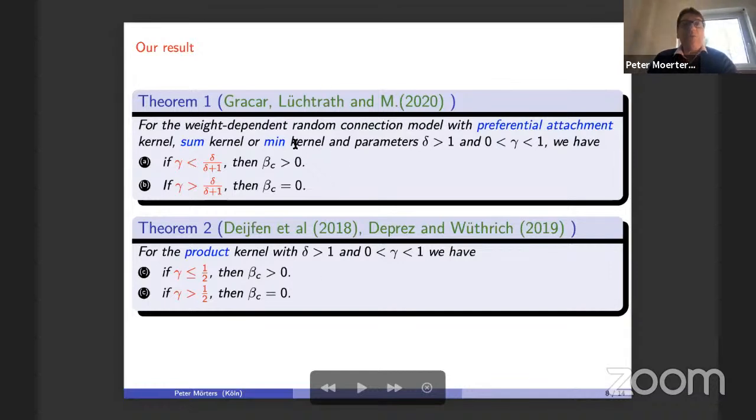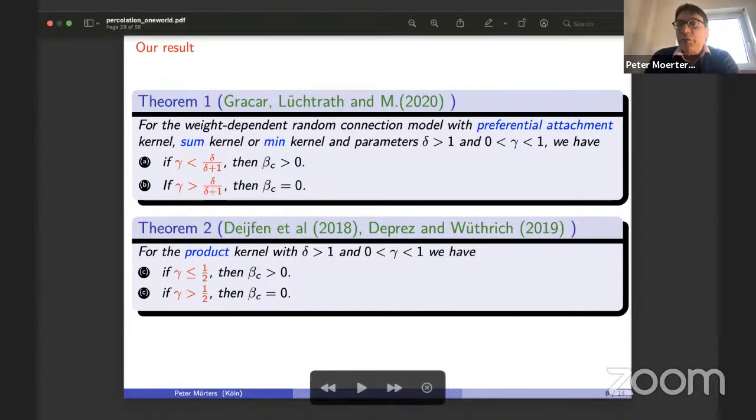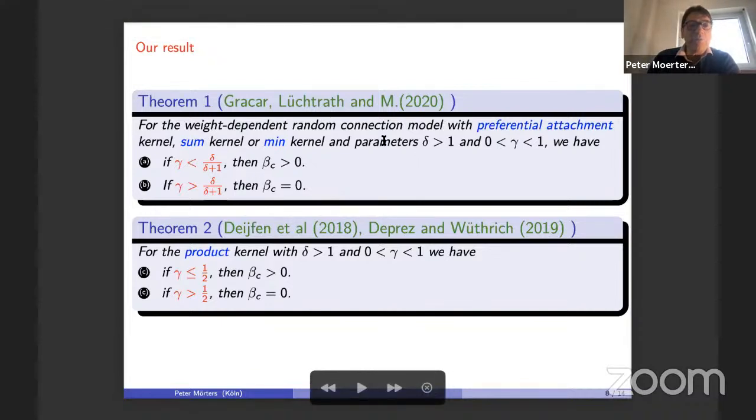Okay, so my focus is on our main result here, Theorem 1, but before I tell you something about the proof, I formulate a consequence of this theorem for preferential attachment networks.